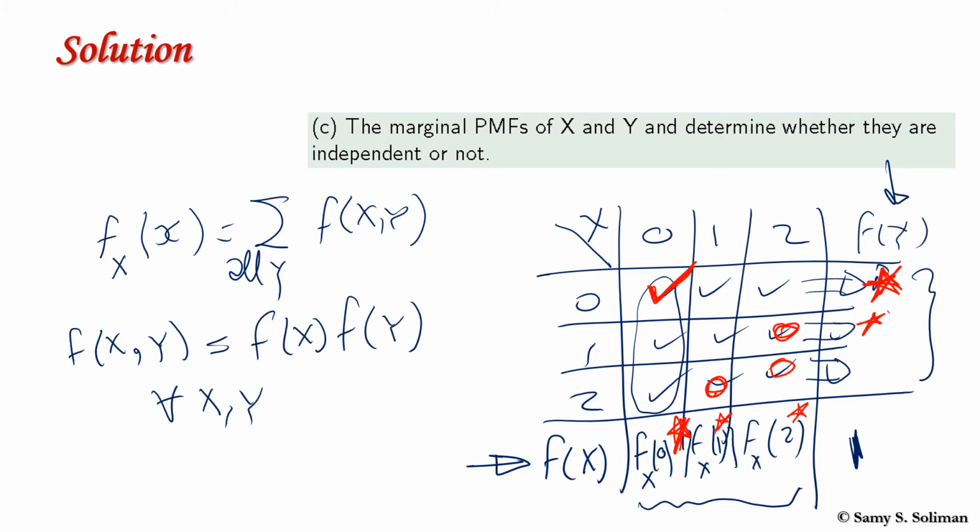So the product of the value here and the value here will be a numerical value which is not equal to 0. That means that for these specific values of x and y, the joint distribution is not equal to the product of the marginal distributions, and consequently the two random variables are not independent, so they are dependent.